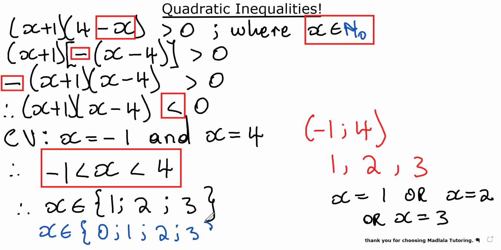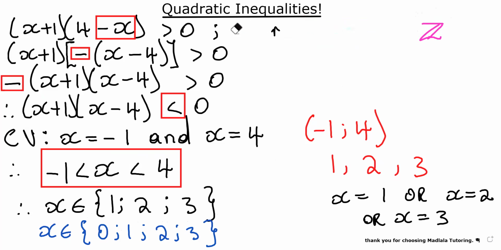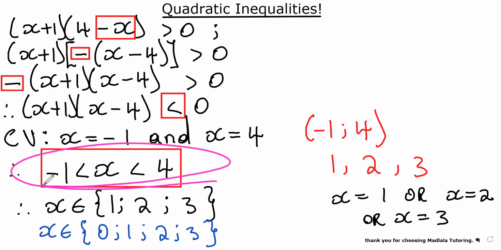But if they said x is an element of integers, it will still be like this because integers are whole numbers that are either positive or negative. But if they don't say anything, then you just stop here.